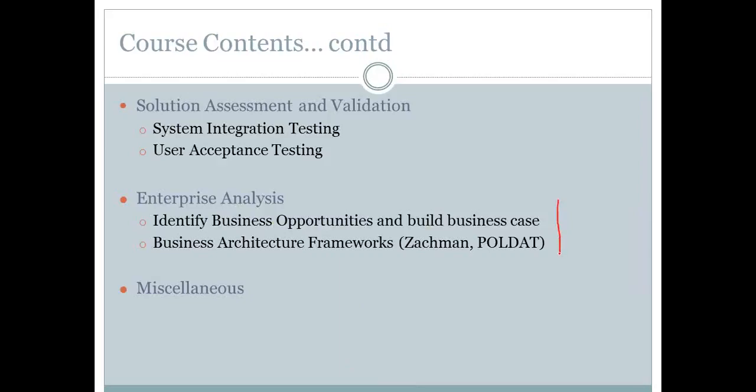Enterprise analysis, like I said, is usually the first step, but I'm covering it at the end because it's a complex topic, and you'll be in a much better position to understand it when we understand the rest of the topics. So I'll introduce you to enterprise analysis at the end of it. We are not going to cover this in detail because, in fact, this is a more specialized field, and usually people with a significant amount of experience get into these activities. In fact, it's getting involved into a separate role called an enterprise architect.